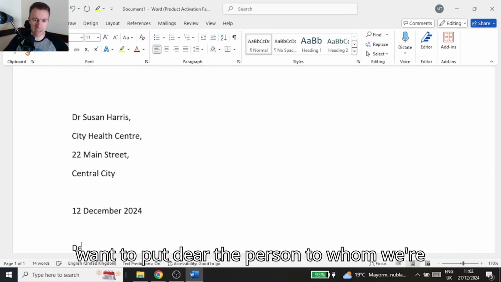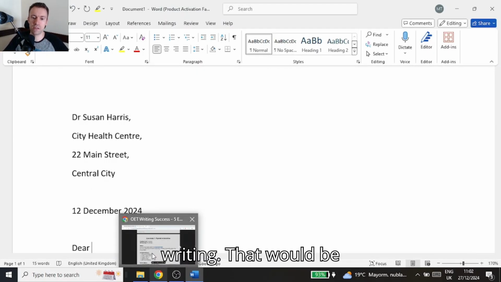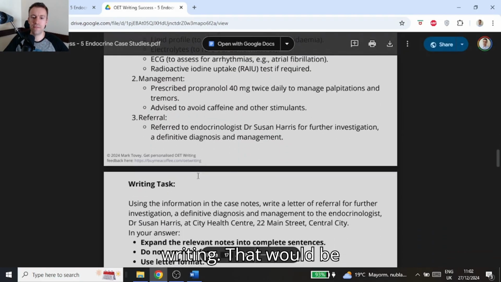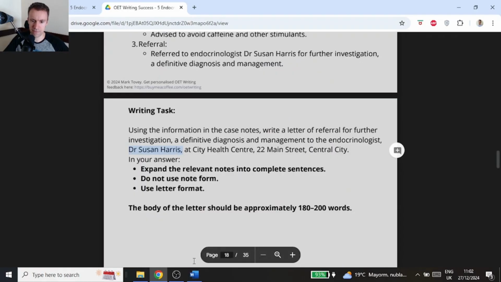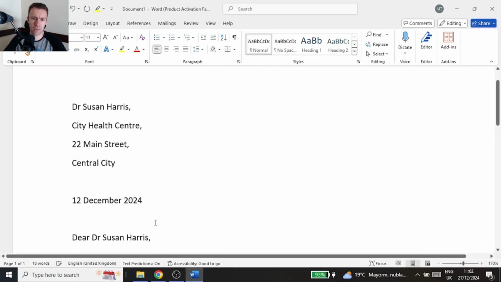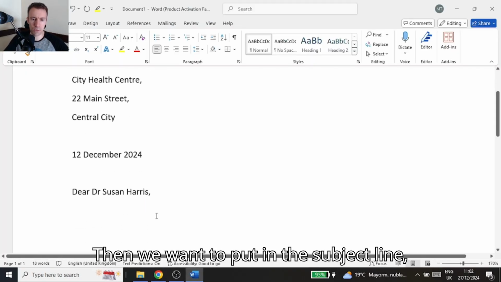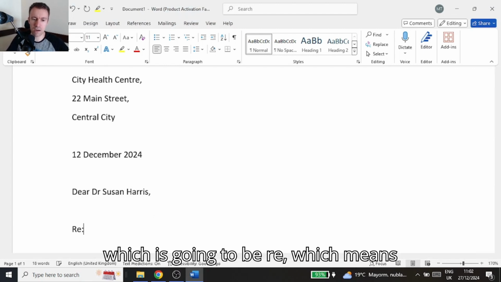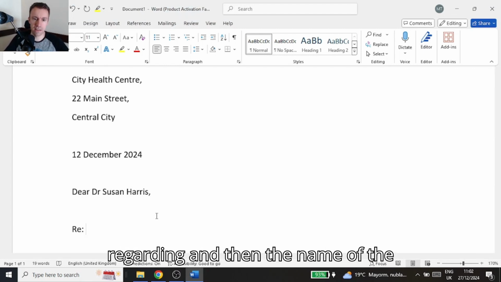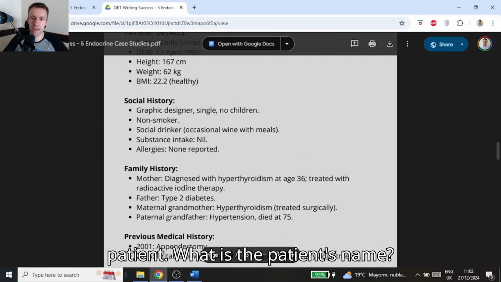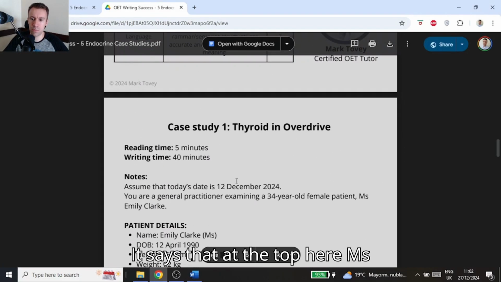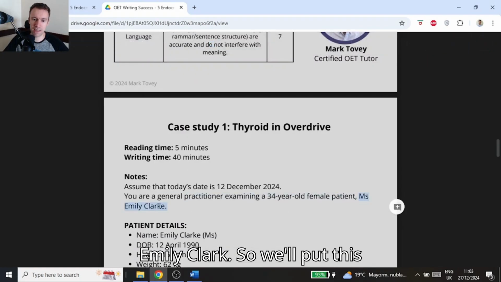Now we want to put Dear, the person to whom we're writing. That would be the endocrinologist, who's called Dr. Susan Harris. Then we want to put in the subject line, which is going to be RE, which means regarding, and then the name of the patient. What is the patient's name? It says that at the top here, Ms. Emily Clark.